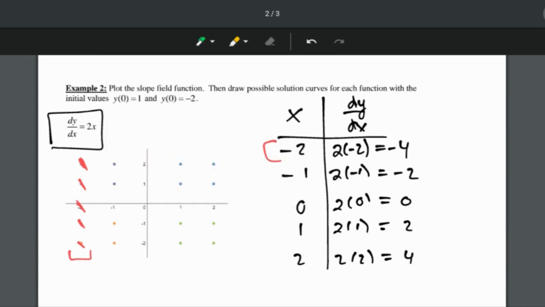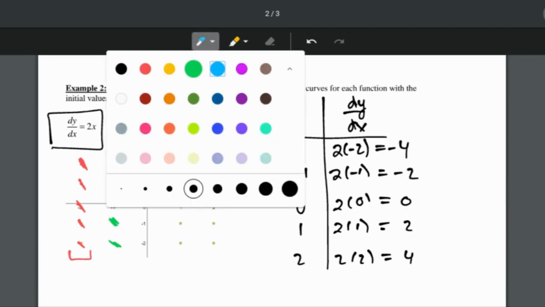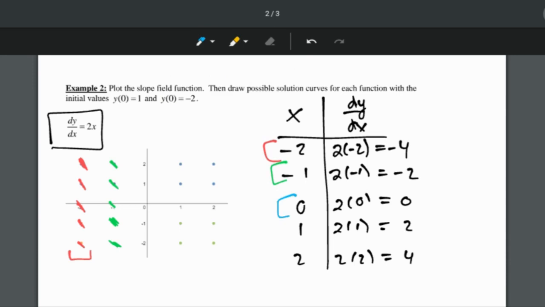All right, moving on, -1, they all have a slope of -2. So maybe something like this. All right, they all have the same slope, and we're done with that one. All right, all the points that have an x value of 0, so basically on the y-axis, have a slope of 0. So they're just all mini horizontal lines. So it goes pretty quick there.